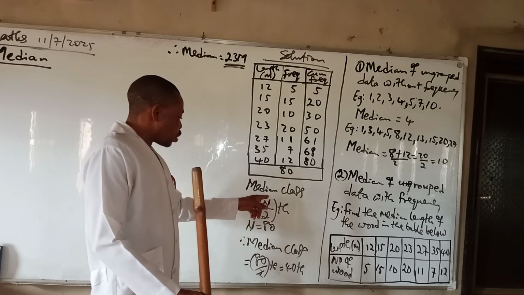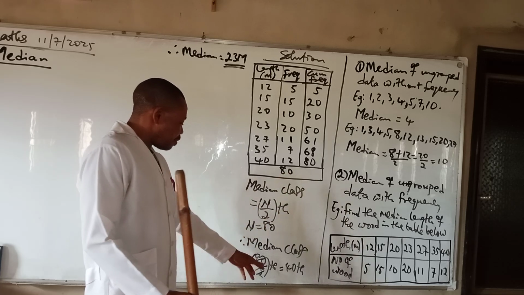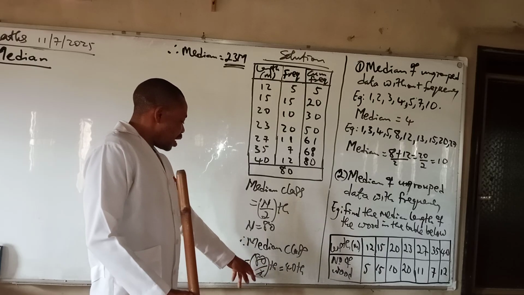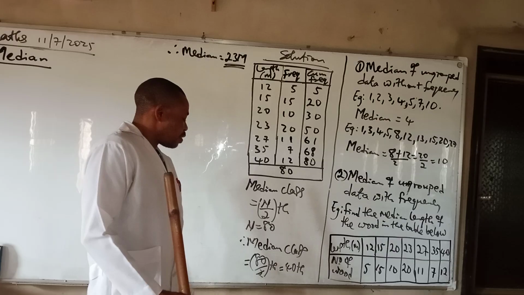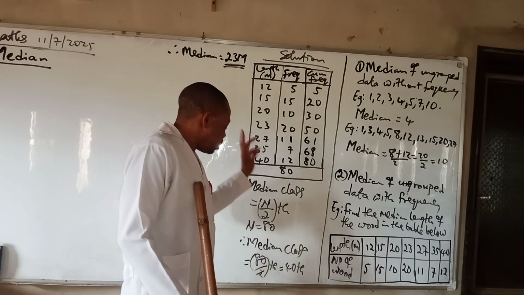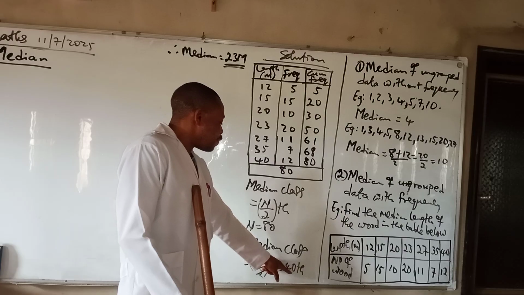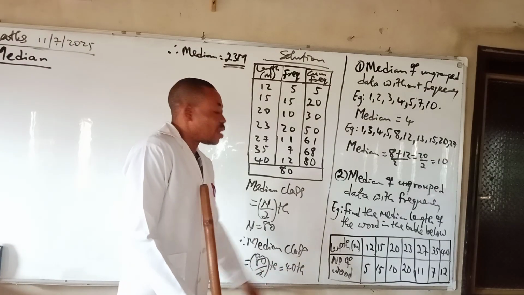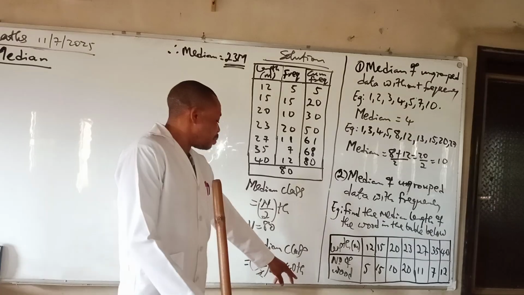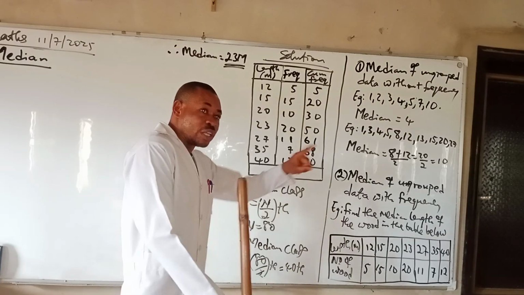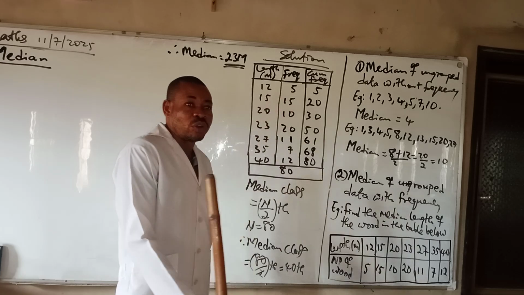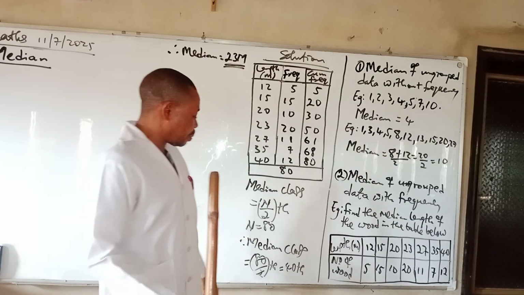Substituting 80 for N, we have 80 over 2 th. 80 divided by 2 gives us 40. So the median class is found at the 40th. This is not the answer, but it points to the particular place where we are going to stay and get the median.